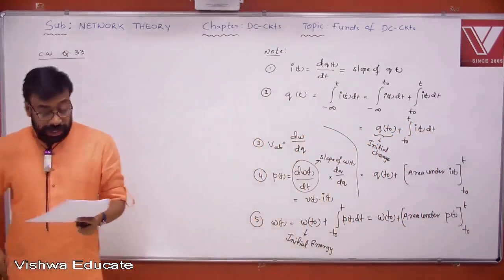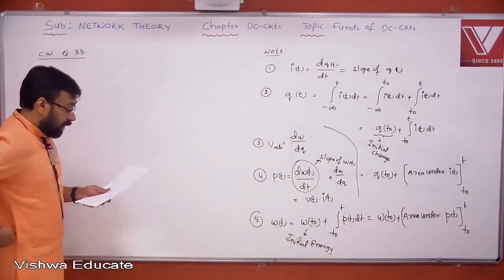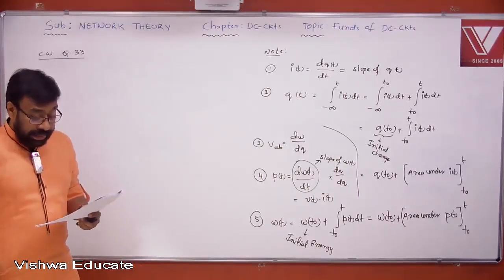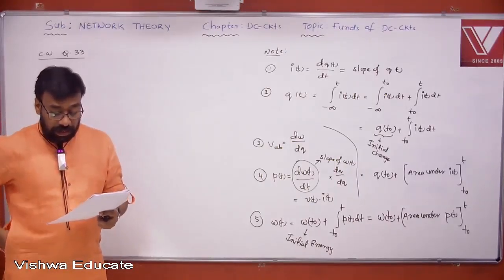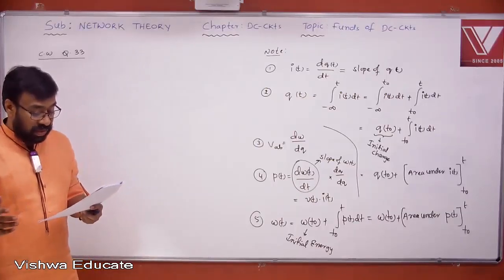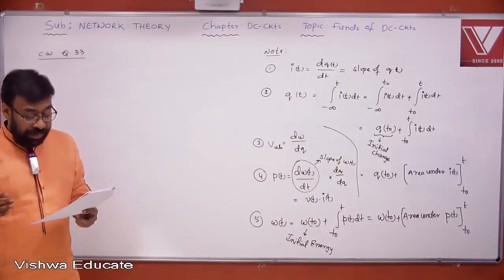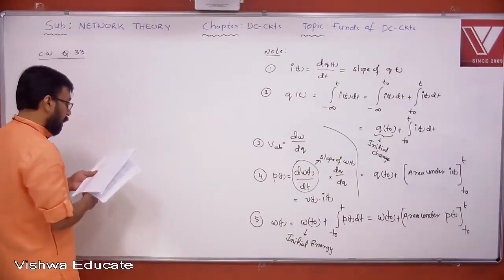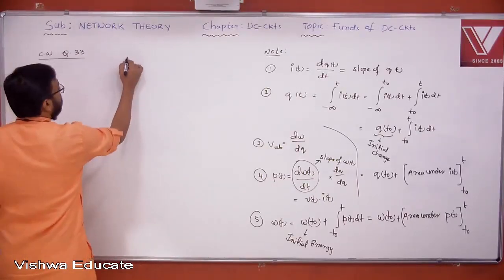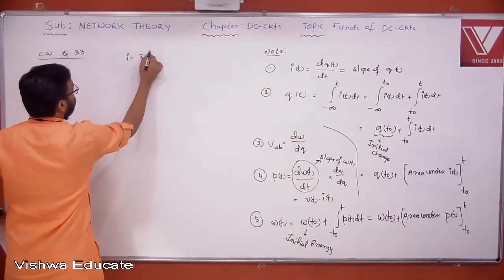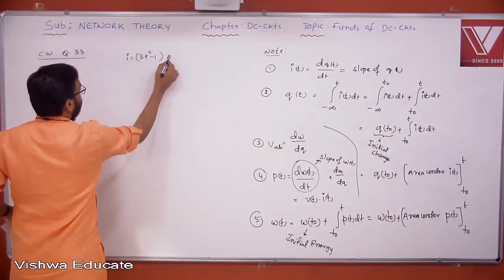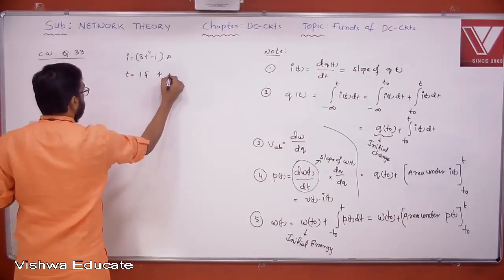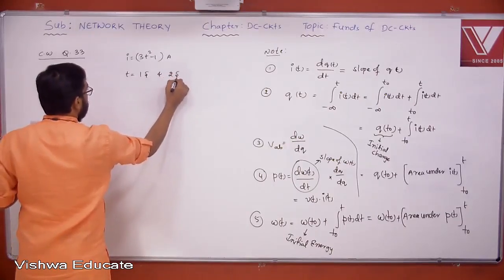Now, look at this question number 33, classroom workbook. Read the question carefully here. Determine the total charge entering a terminal between t equal to 1 and t equal to 2 seconds if the current passing the terminal is I equal to 3t squared minus 1 ampere. I is given here as 3t squared minus 1 ampere. And time is between what? t equal to 1 second and 2 seconds. Yes or no?